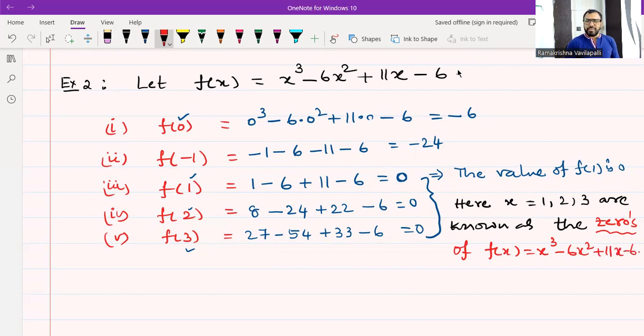Now you may have understood what is the zero of a polynomial. To call a number a zero of a polynomial, we must have that polynomial value is 0 at that given value. So I'll write here what is the zero of a polynomial.